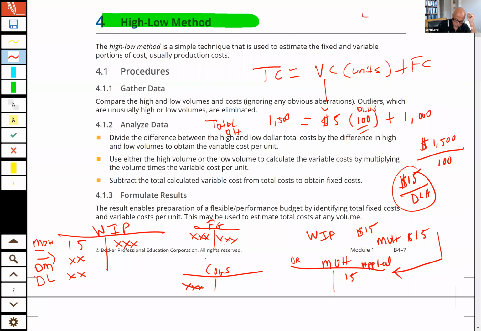Okay, kind of hard to tell what numbers when they're all X's, but we draw some arrows. Now, what's the debit to manufacturing overhead then? Cost of goods sold.